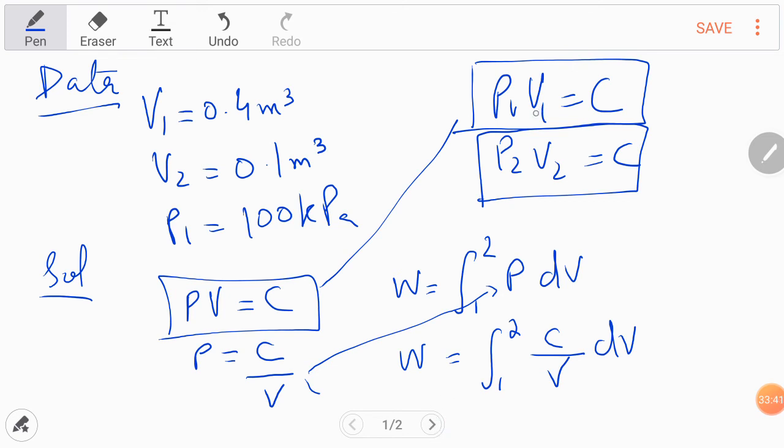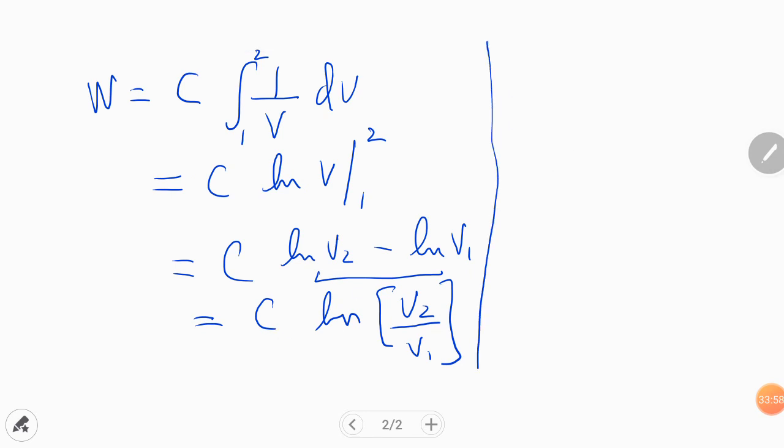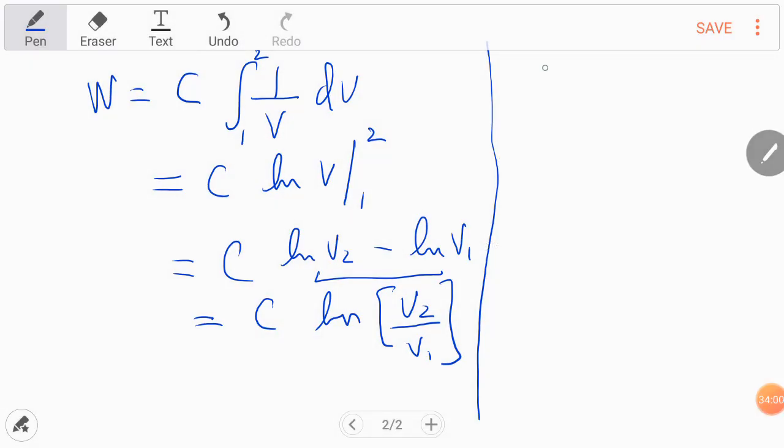In this particular numerical we have the value of V1, so we use the equation P1 V1 is equal to C, and replace C with P1 V1.